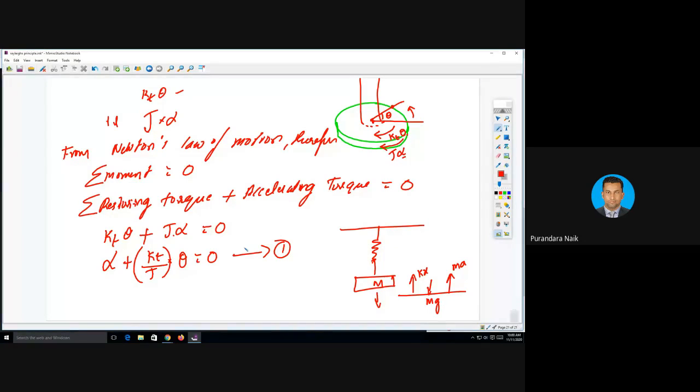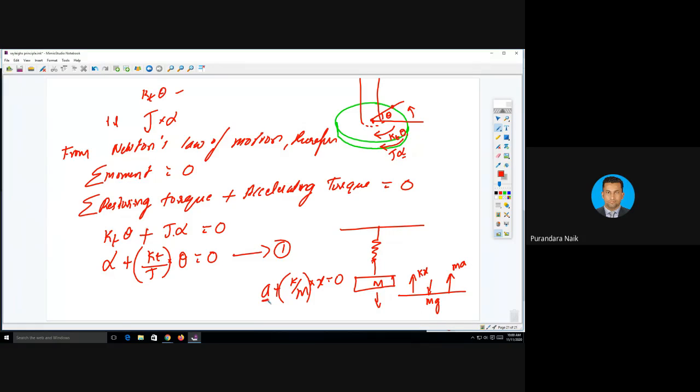We have another 1 minute. Do it fast. See, it is the same as what we have in the spring mass system. The spring mass equation is a plus K by M into x equal to 0. It is similar.